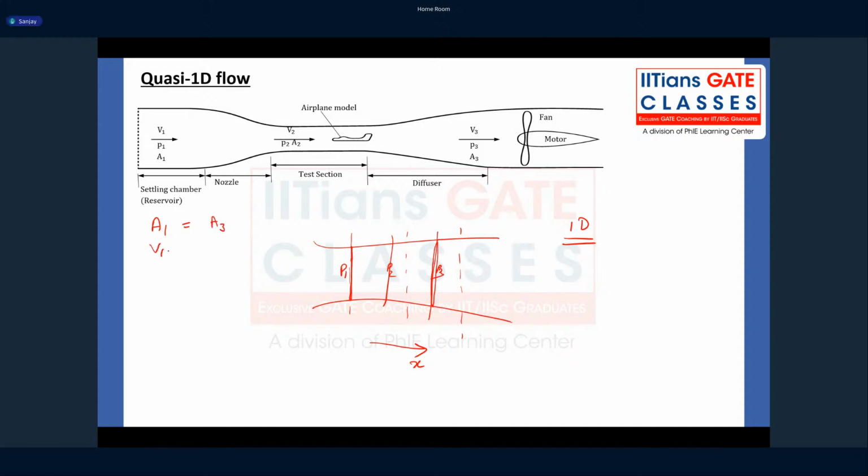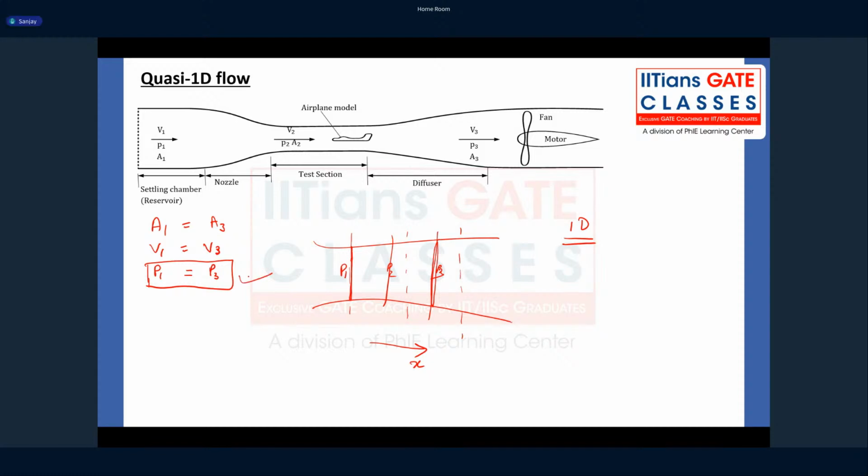Then can I say V1 is equal to V3 by continuity equation? And then again by using Bernoulli's equation, can I say P1 is equal to P3? If my P1 is equal to P3, that means the inlet pressure is equal to the exit pressure of the diffuser or the pressure at the exit of the tunnel.